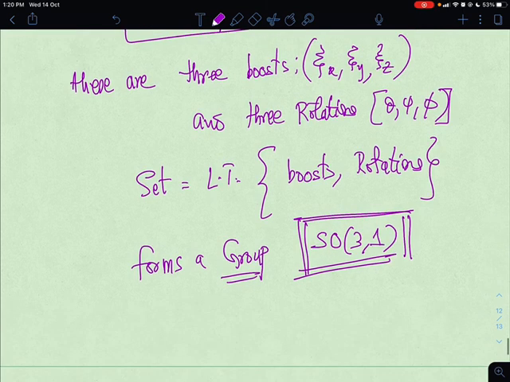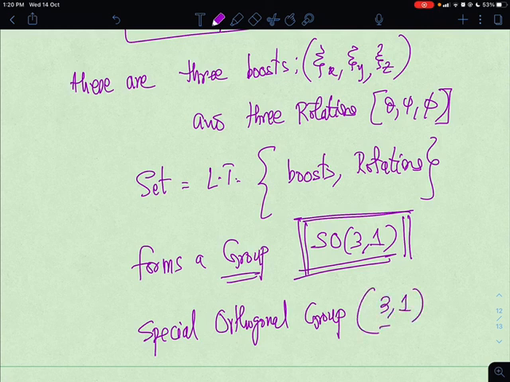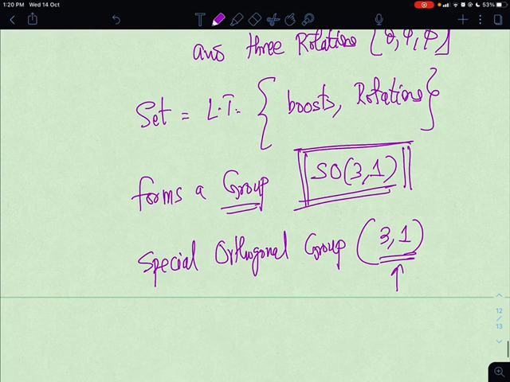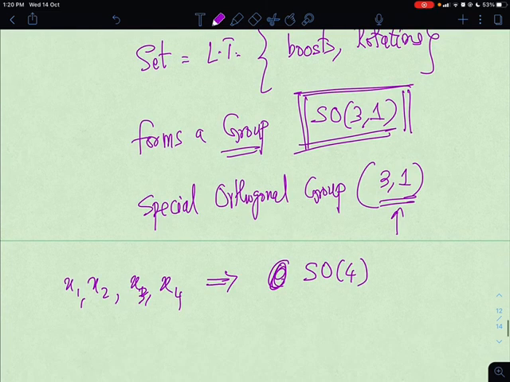The group is called the special orthogonal group of 4 dimensions, (3,1). Why does it have 3, 1? Because, say for example, if you don't have time, if you have x1, x2, if you have 4 dimensional fields, this gives me SO4, because here the metric has a minus sign.